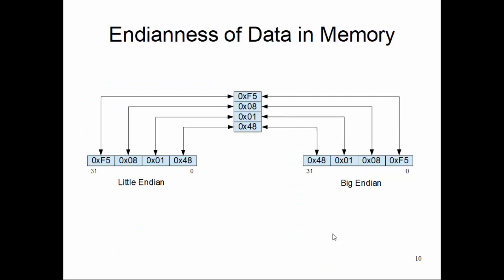These two classes of arranging data are known as big endian and little endian. Let's say an arbitrary memory chunk, in increasing order of address, contains 480108F5. Big endian assumes the lower address contains the higher byte, so this chunk is interpreted in a big endian system as 480108F5.